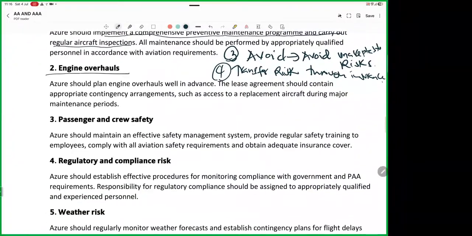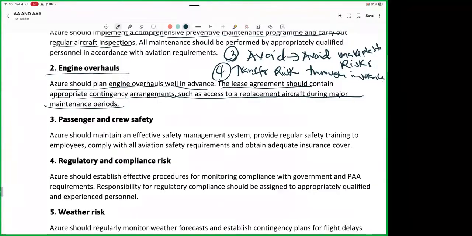Engine overhauls: AZUA should plan engine overhauls well in advance. The lease agreement should contain appropriate contingency arrangements, such as access to a replacement aircraft during major maintenance periods. Wow, this is great.